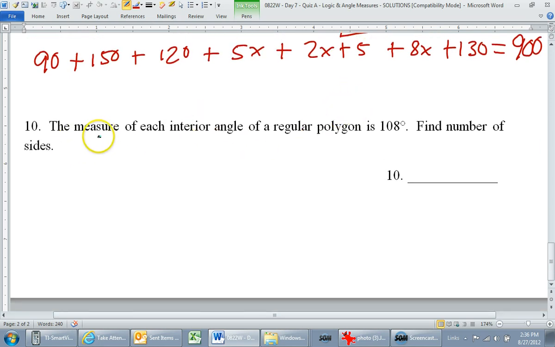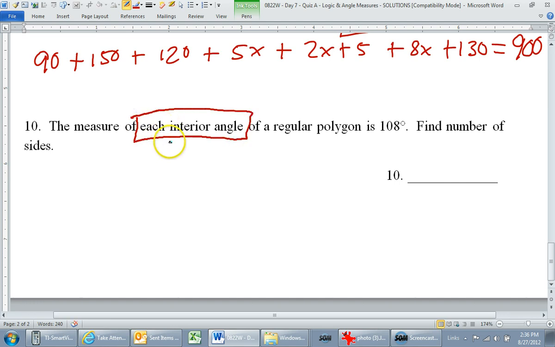Okay? And finally, number 10. Now, some of you just put down an answer. I didn't take off points this time, but next time I will. You have to show your work, even if you figure it out by some other method. But here's how I taught you to do it. Here's the key: each interior angle.